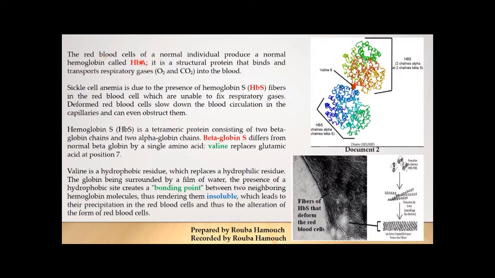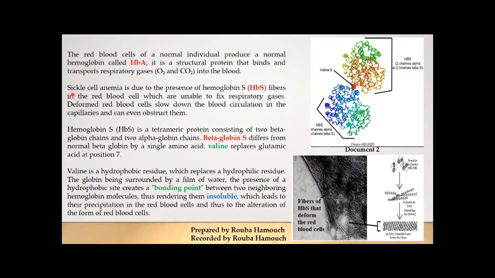So the red blood cells contain a normal hemoglobin. The normal hemoglobin is called HbA. It's a structural protein found in the red blood cells that binds and transports respiratory gases, which are O2 and CO2, in the blood. So the role of hemoglobin is to transport the respiratory gases, O2 and CO2, from blood to cells and from cells to blood.